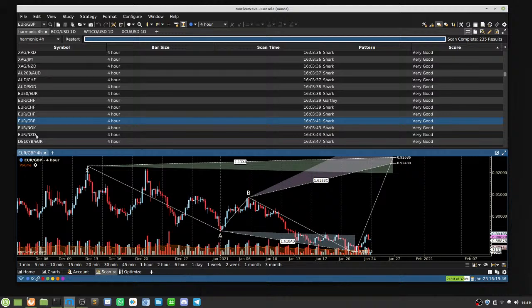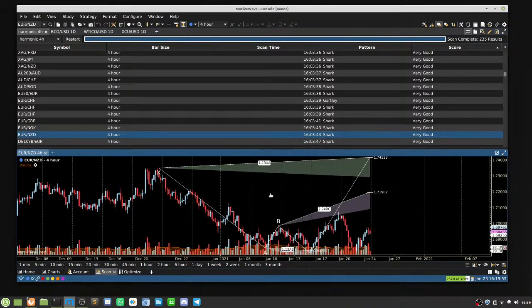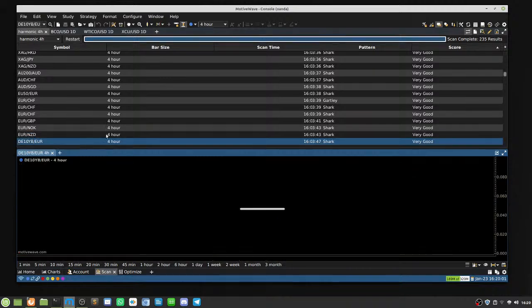Long, this is again convincing you, or should convince you, with the British pound. There's a long there, a long for the Norwegian, and even a long for the New Zealand as well. So that shows you New Zealand's not bad to be in as well.